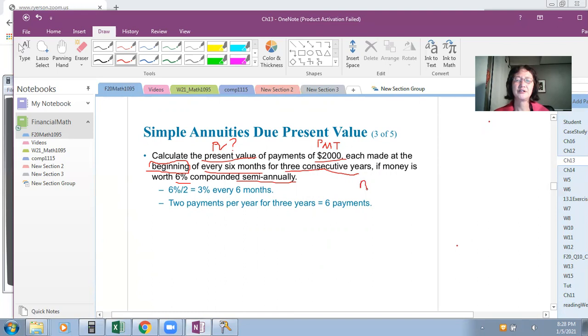Term N is 3 years times 2. Why multiply by 2? Because the payment is made every 6 months, meaning 3 years have 6 periods. The interest is 6% compounded semi-annually, meaning CY equals 2. And you also make payments every 6 months, so in 1 year you make 2 payments, PY equals 2.